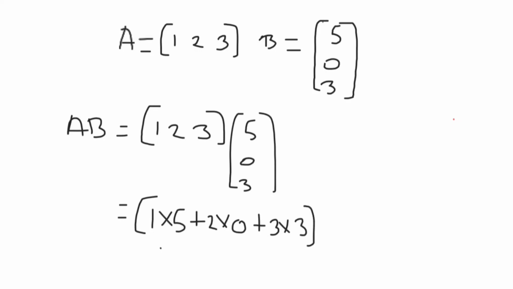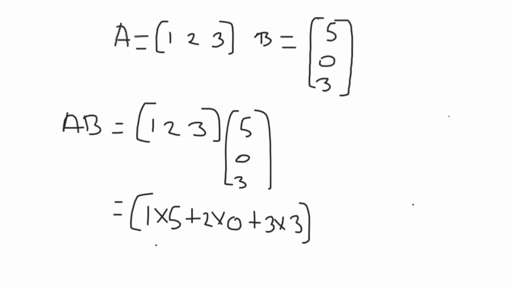So as we have already said before, the matrix will be of order 1 by 1 because matrix A is of order 1 by 3 and matrix B is of order 3 by 1. So after multiplication, the resultant matrix will be of order 1 by 1.